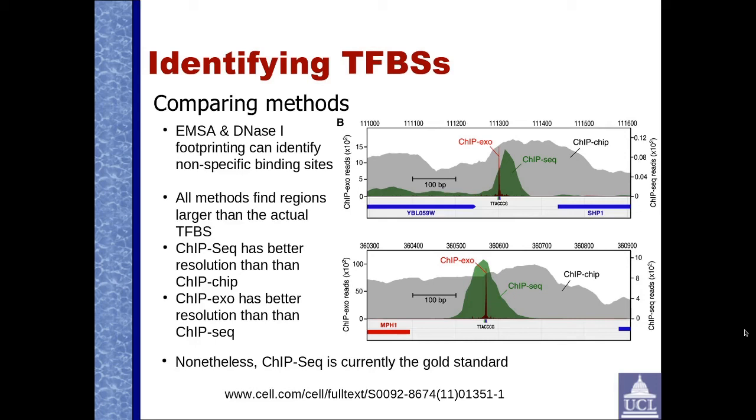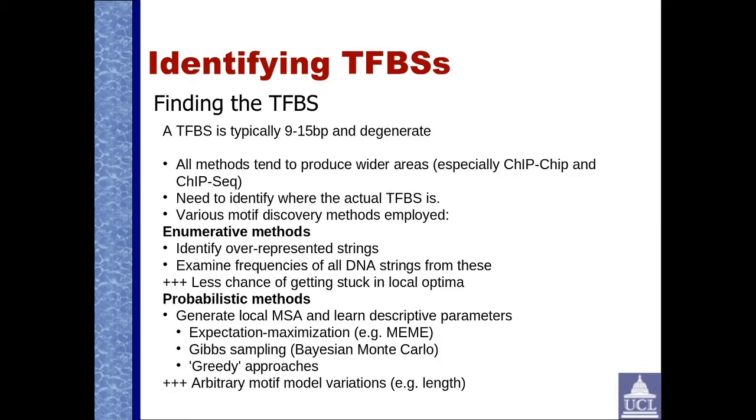Nonetheless, ChIP-seq is largely the method that most people are still using at the moment. Now, as I said earlier, a transcription factor binding site is typically between 9 and 15 base pairs long, and it's degenerate. In other words, it's not an exact pattern of bases.